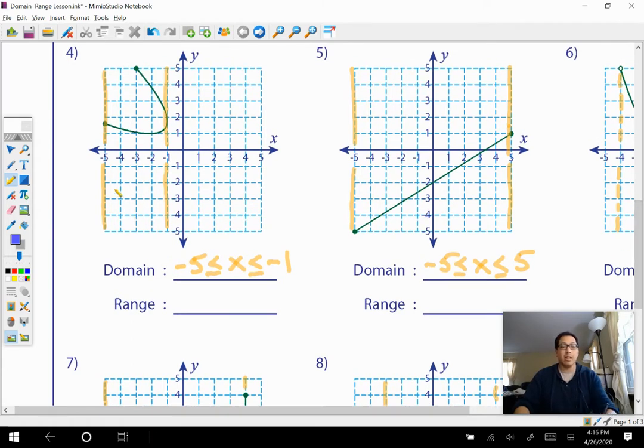But anyway, the lowest value for y is actually here at 1. And what's the highest value? It goes up to 5.